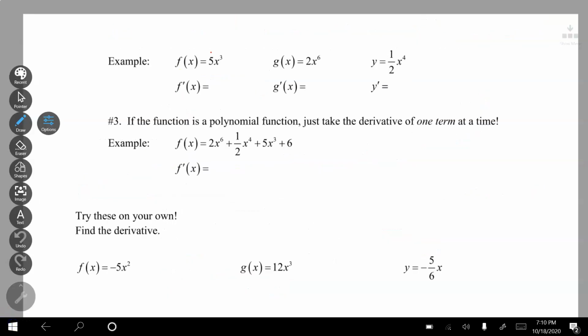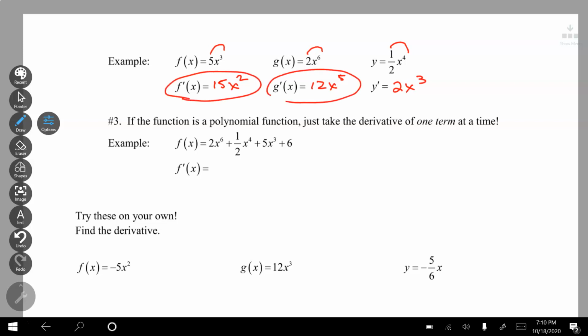Let's try some examples. Coefficient times exponent is 15. Lose a degree, x squared. Coefficient times exponent is 12. Lose a degree, x to the 5th. Oh, it's a fraction. Half times 4 is 2. x to the 4th becomes x to the 3rd. These are the derivatives. And what happens if we have a function with multiple terms?